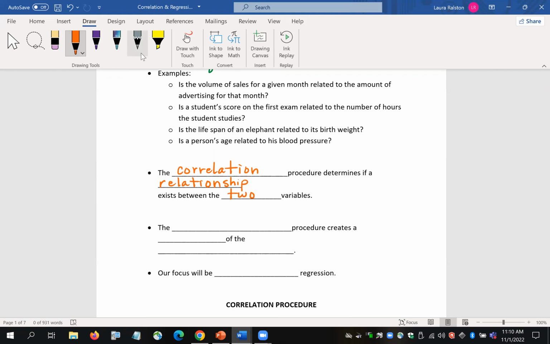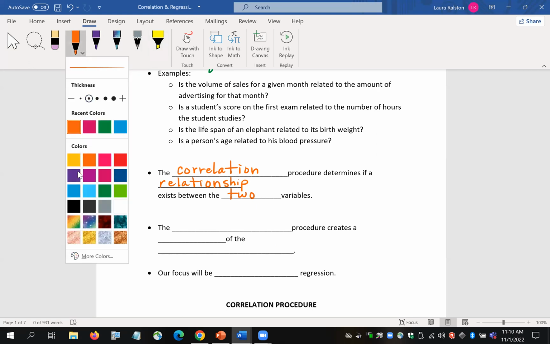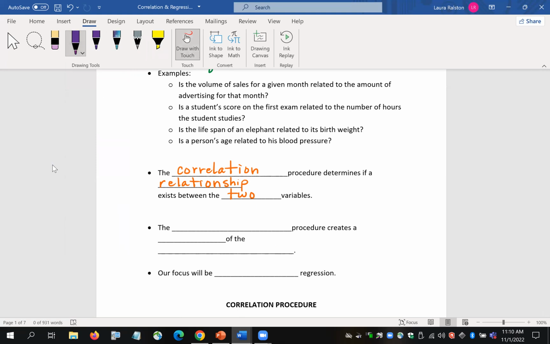So with correlation, we're asking the question, does a relationship exist? If a relationship exists, then we move on to the regression process. And again, for us, we're focusing specifically on linear regression. The regression process creates a model or an equation of that relationship.